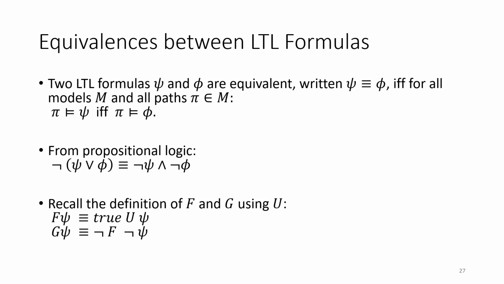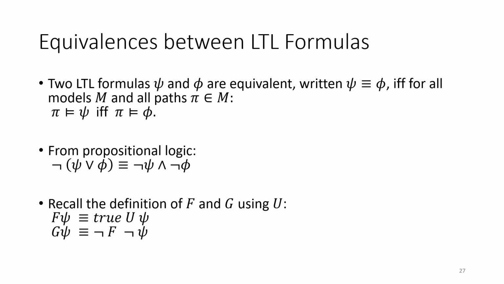Because what we have is satisfaction of traces, satisfaction of models. And now if we want to talk about equivalence, we're actually asking, are these two formulas equivalent such that for all paths of any two models, if the path satisfies the first formula, then it also satisfies the second formula.